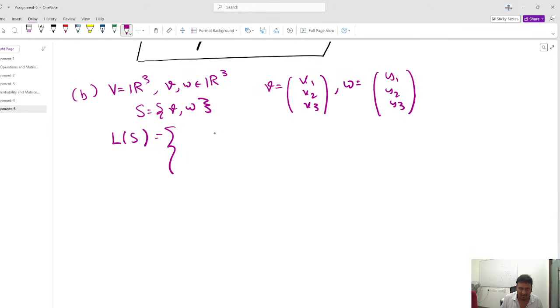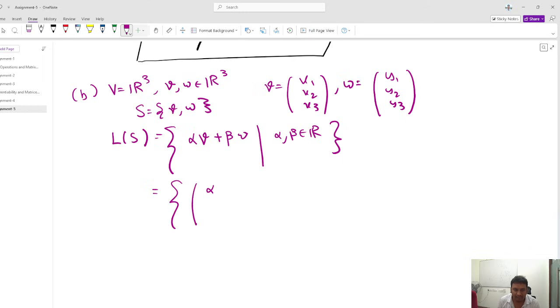It will be alpha v plus beta w, where alpha, beta belong to R. So basically you have to find the linear equations which define this particular object.